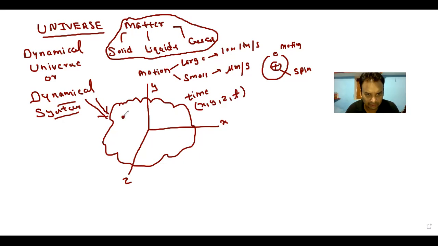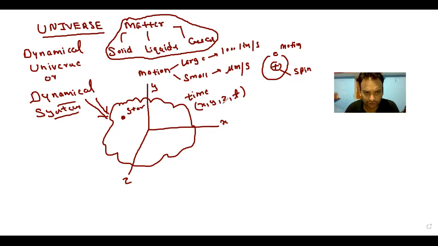I can study the coordinates of any star. Suppose this is a star, and I want to find its position in the universe. Definitely I have to fix a coordinate system, and the coordinate system is x, y, z, and t.